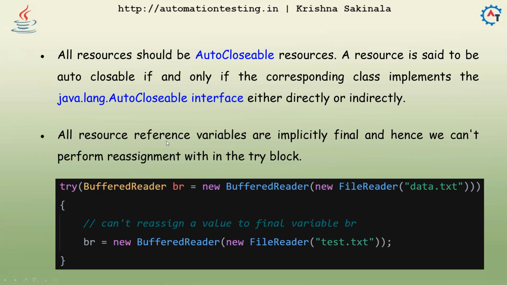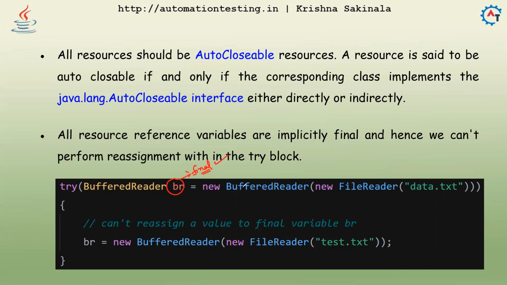All resource reference variables are implicitly final, and hence we cannot perform reassignment within the try block. The moment you create an object like this, it is implicitly declared as final. Final means we cannot reassign the value.